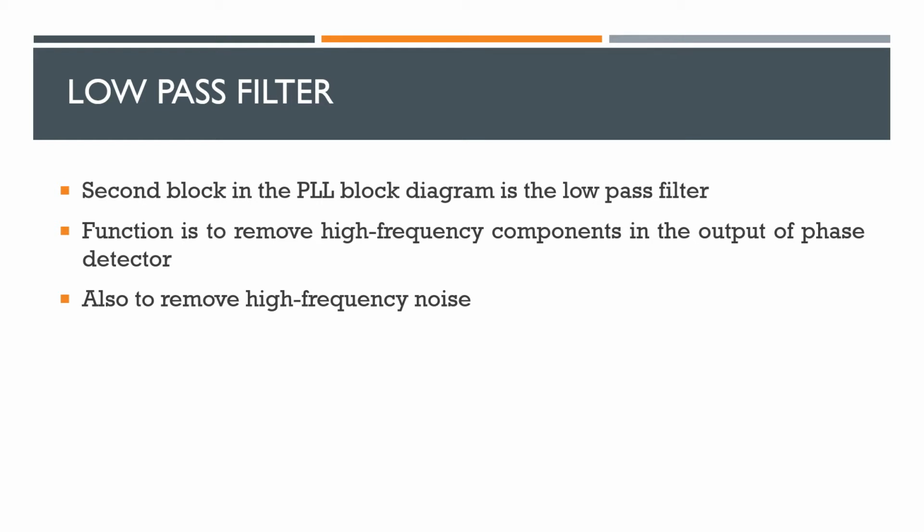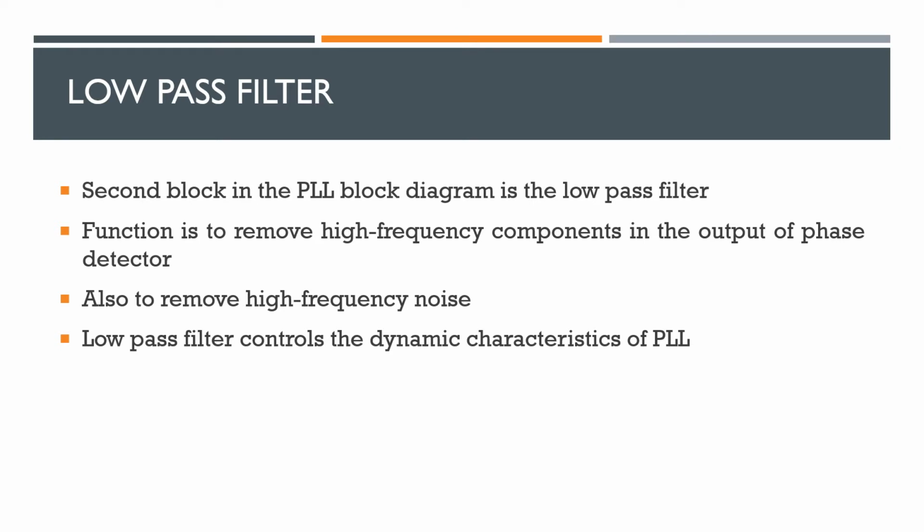Especially we term here the high frequency components mainly because the output of the comparator will be a DC. But there might be a question, why is high frequency available, since it is comparing the two signals? The output is a DC, but there might be chances of noise signals appearing at that. To remove the noise signals, we are using this particular filter part, which is a low pass filter.